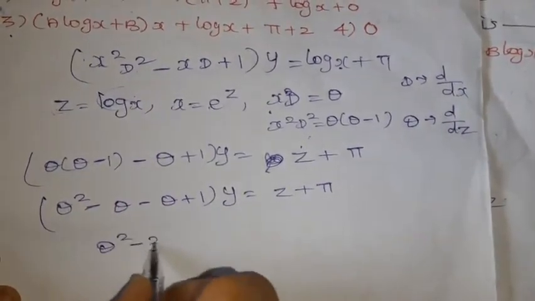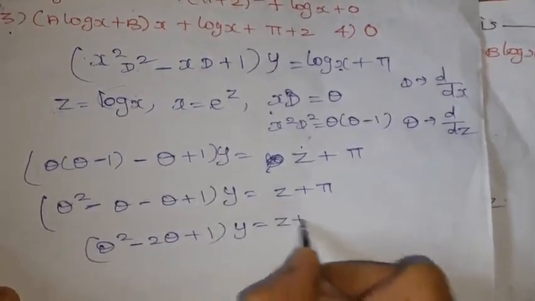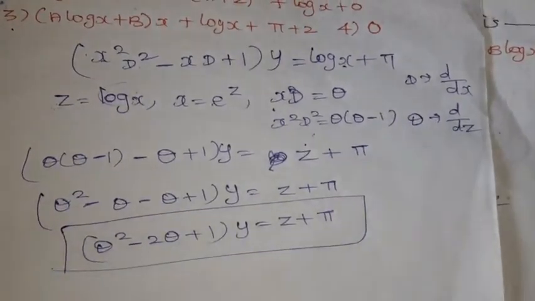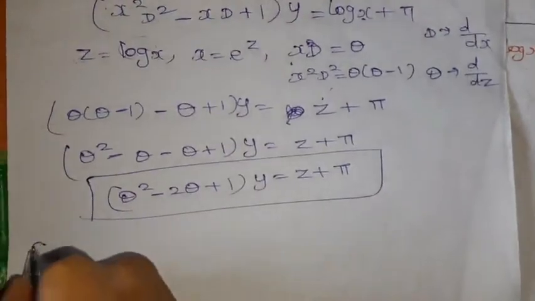Theta squared minus 2 theta plus 1 into y equal to z plus pi. So this is the differential equation we have formed. Now we are going to find out the complementary function and particular integral using the procedure.